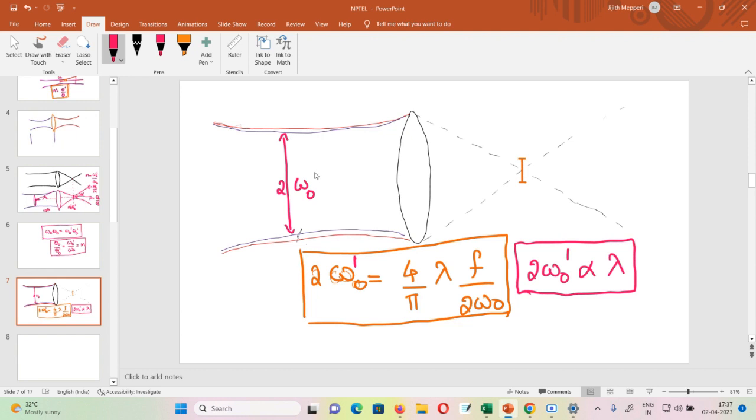If lambda is high, the beam diameter will be higher. If lambda is small, your beam diameter will be smaller. Understand?